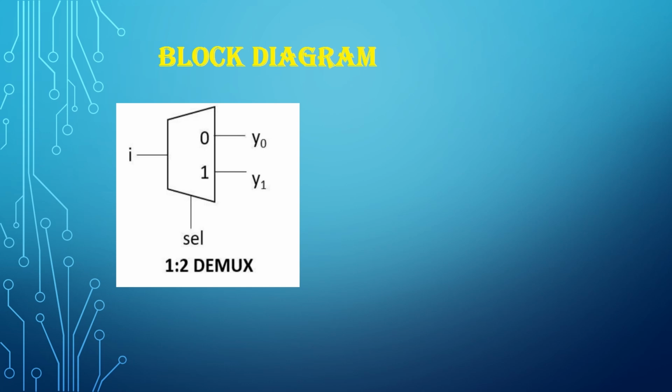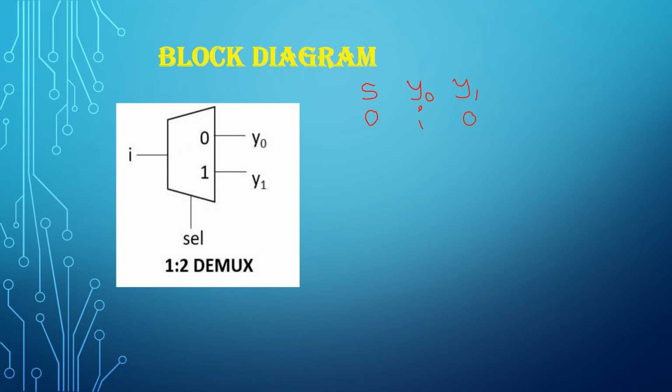And this is the block diagram of the 1 cross 2 demultiplexer. Here we have one single input, one selection input, and two outputs, y0 and y1. Now let's draw the truth table. The selection input is S, and the output lines are y0 and y1. If S is equal to 0, I is connected to output y0, so y0 is having I and y1 is having 0.